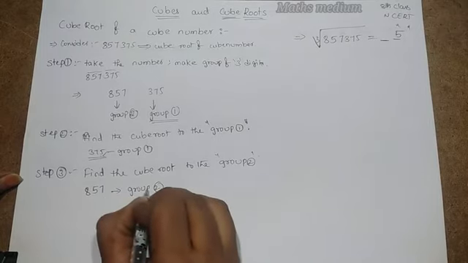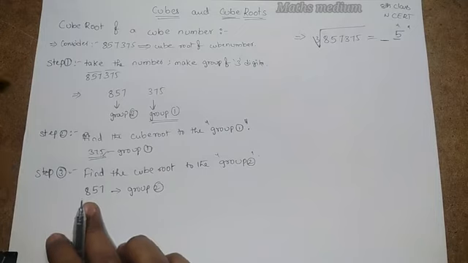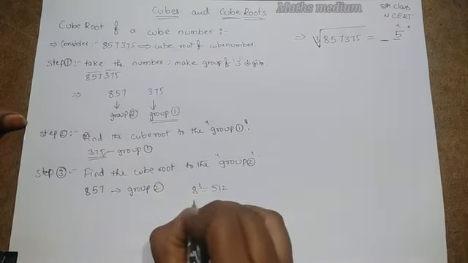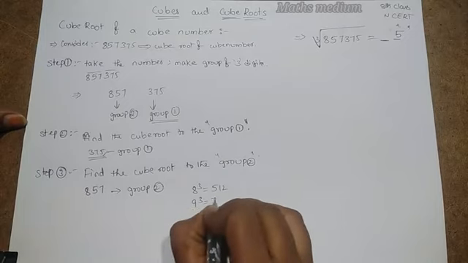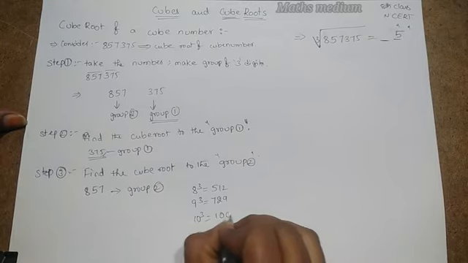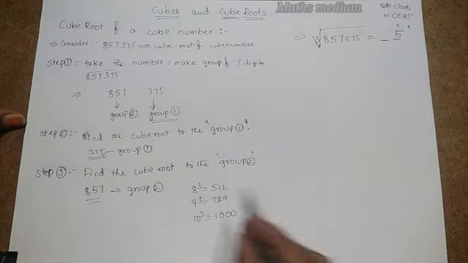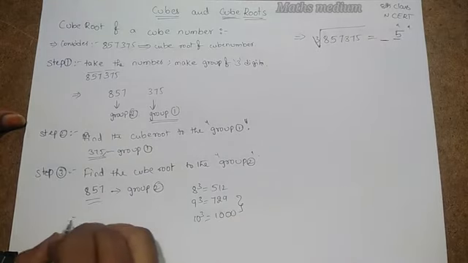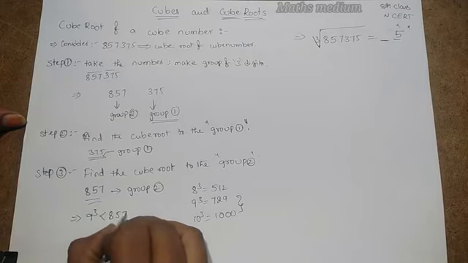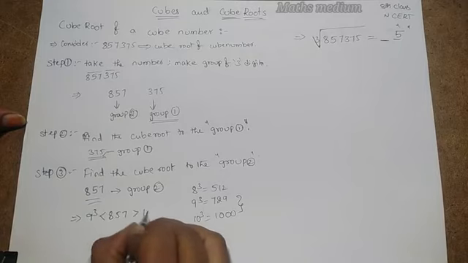Now see, 8 cube is 512. If you take 9 cube, that is 729. If you take 10 cube, that is 1000. Now this number 857 is in between 9th cube and 10th cube.